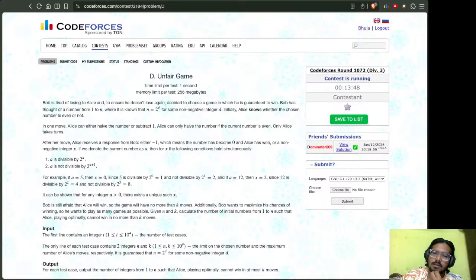If we denote the current number as a, then for x the following conditions hold simultaneously: A is divisible by 2 to the power x, and A is not divisible by 2 to the power x plus 1. मतलब एक ब्रैकेट मिलता है जैसे 2 and 4, so A can be 3. नहीं, A can be a number which is divisible by 3, at the same time not divisible by 4 maybe.